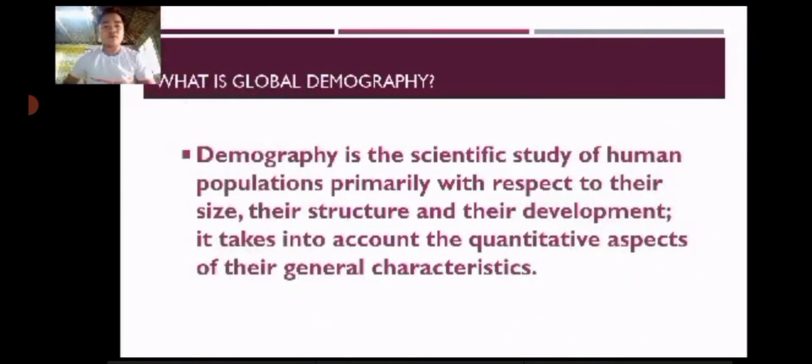What is global demography? Demography is the scientific study of human population, primarily with respect to their size, their structure, and their development. It takes into account the quantitative aspects of their general characteristics. So, demography is the statistical study of human population.